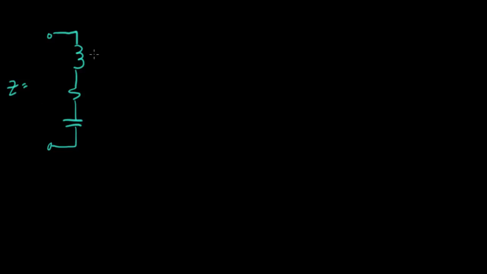So we label it as we did before: j omega L, R, 1 over j omega C. So let's now work out the impedance of this. It's a series circuit, so the impedances add. So we can say that Z equals j omega L plus R plus 1 over j omega C.